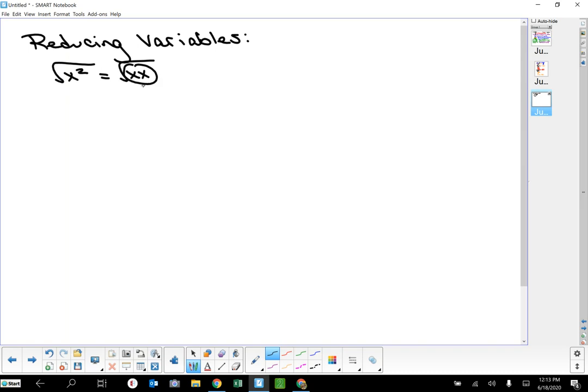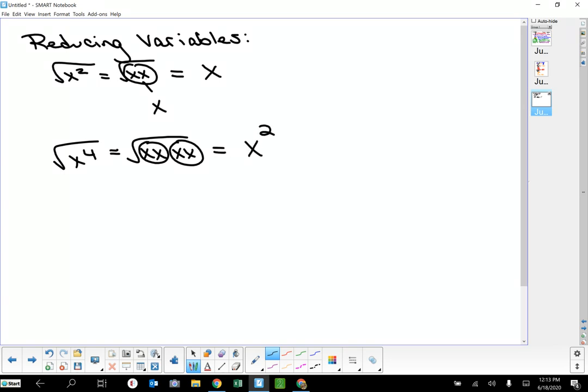You pair them up, and it would come out of the radical, and so the root of x squared just equals x. Okay? If I have the root of x to the fourth, then I can rewrite that, if you want to, as x times x times x times x. You have two groups of x's, nothing left over under the radical, and so this is x squared.